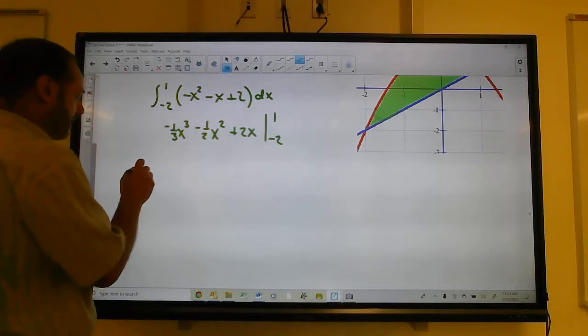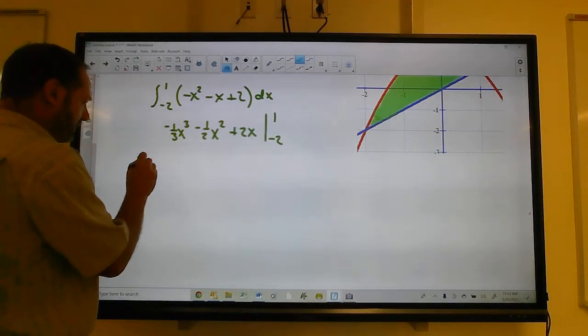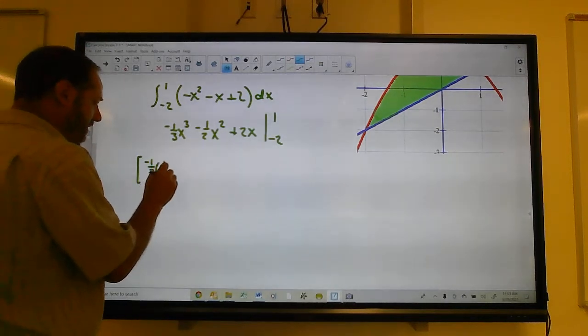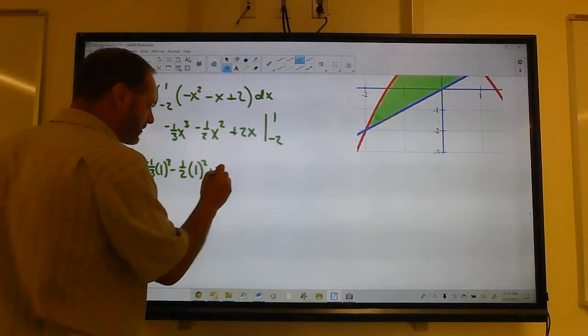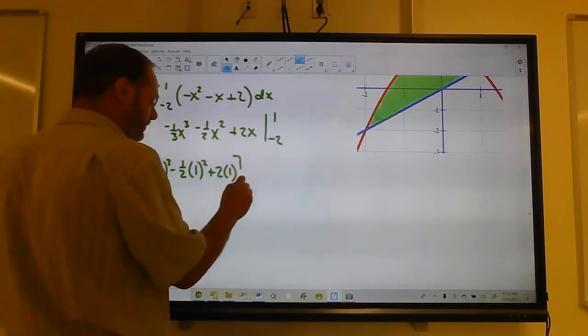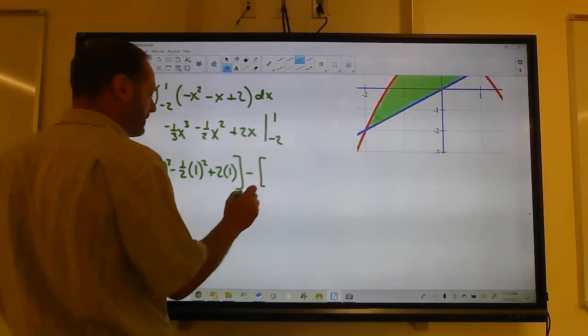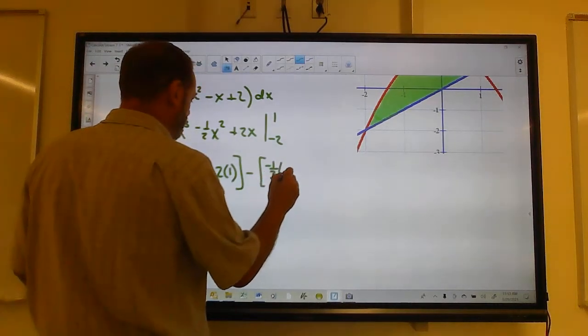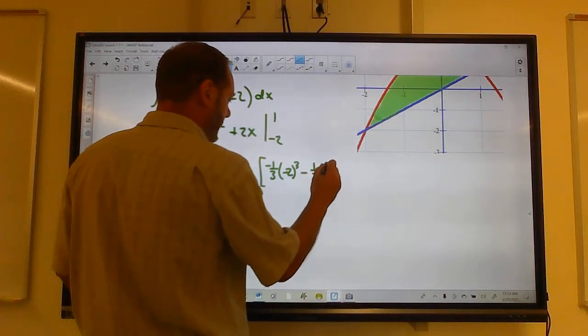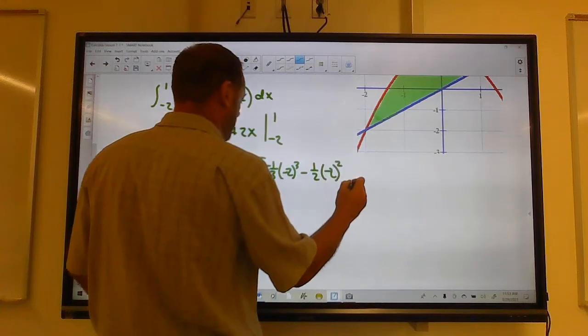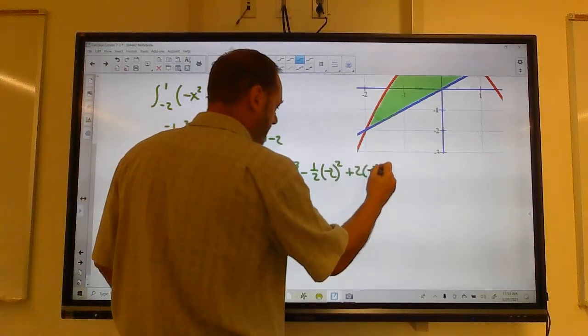We'll plug 1 in here, so this will be -1/3 times 1³ - 1/2 times 1² + 2 times 1, minus -1/3 times (-2)³ - 1/2 times (-2)² + 2 times -2.